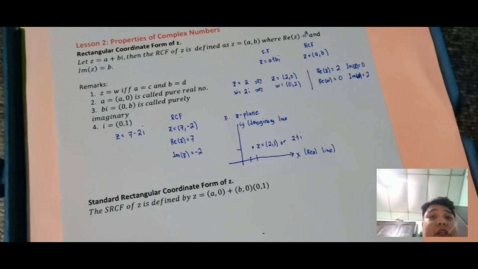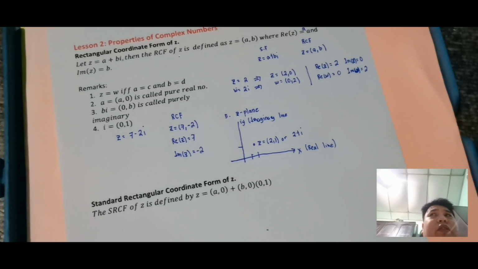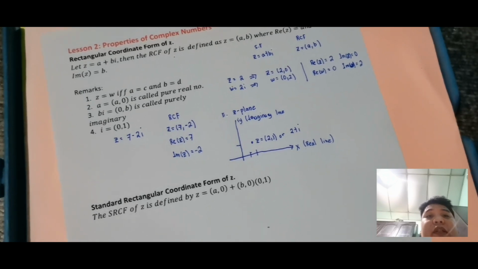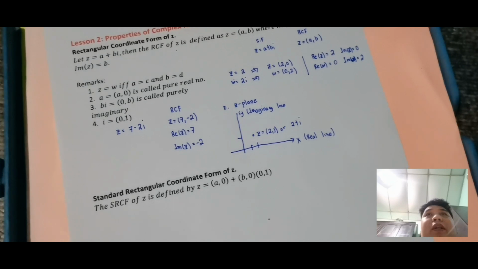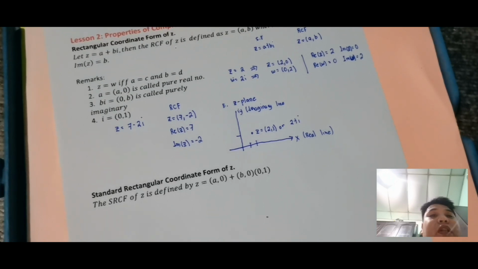Okay, so next is the standard rectangular coordinate form of z. So actually wala naman talagang ganitong form, ako lang yung nagbigay kasi nga itsura niya standard form, pero yung kada number niya naka-rectangular coordinate form. So kada component niya naka-rectangular coordinate form. So the SRCF of z is defined by z is equal to a, 0.